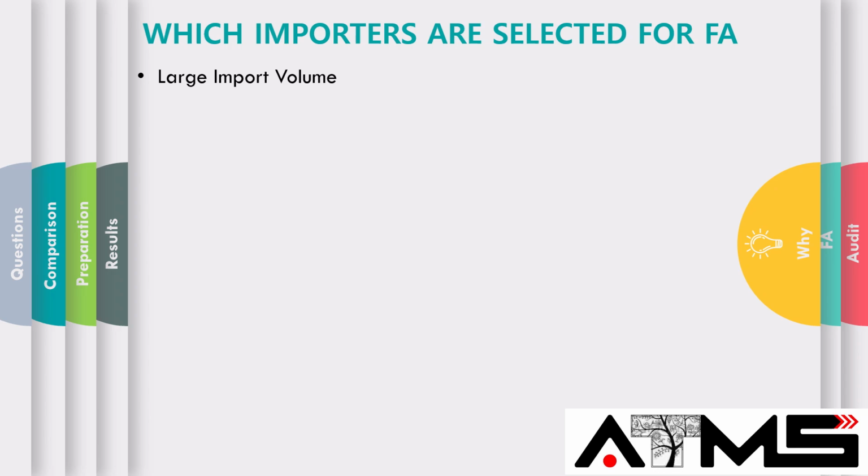The second, complex product categories such as electronics, assemblies, or products involving many HTS codes. Third, importers with frequent FTA usage. High reliance on FTA claims increases CBP's focus.